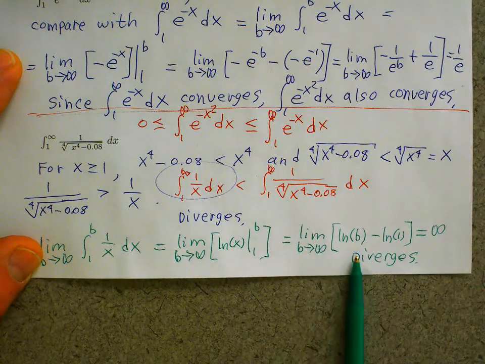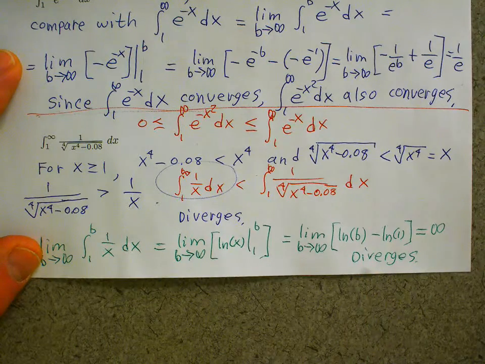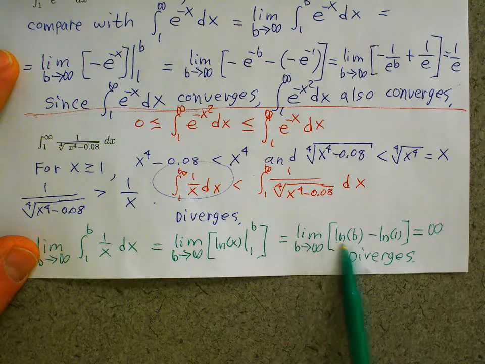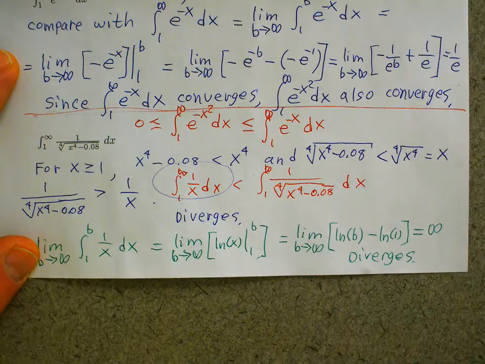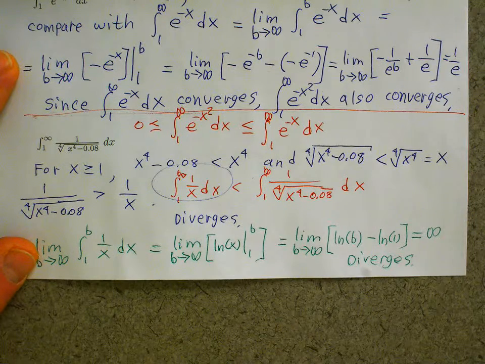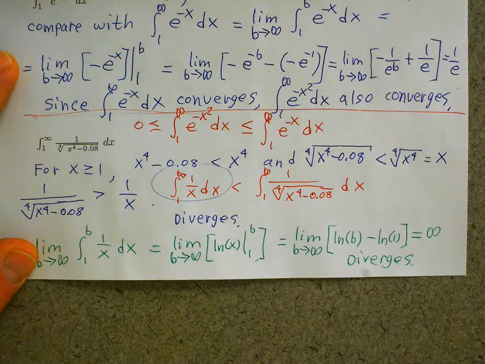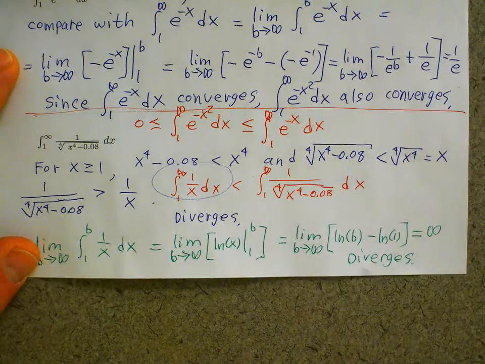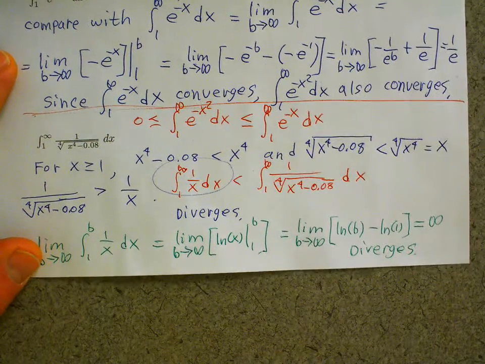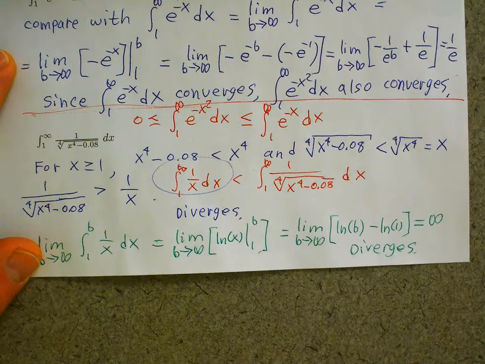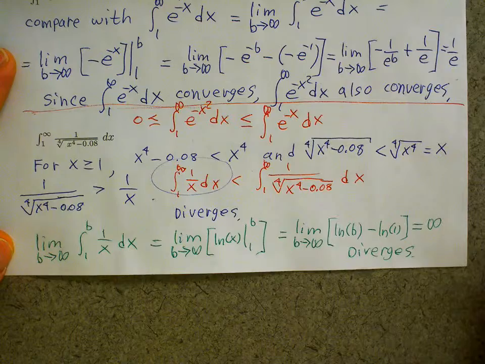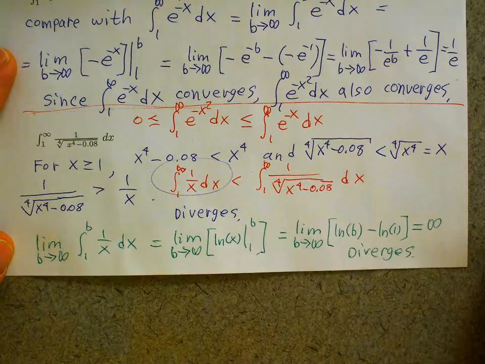Do you know how to show that the limit of the natural log of b as b approaches infinity is infinity? It's one of those facts that we just assume that we know, but what if someone said, well, prove it? Because every value is increasing, and so they don't go to a certain point.